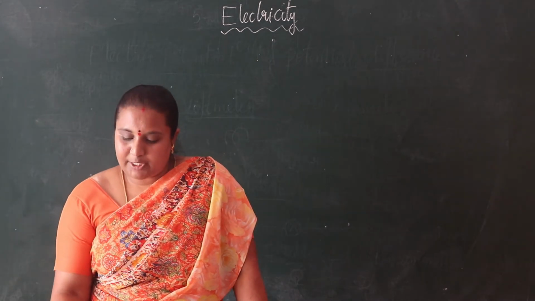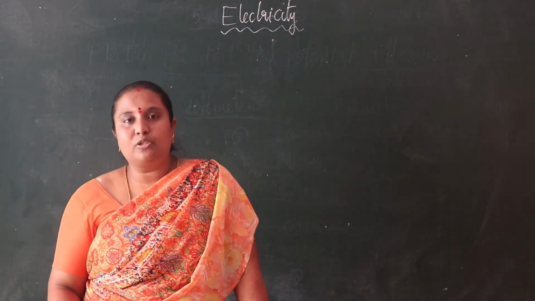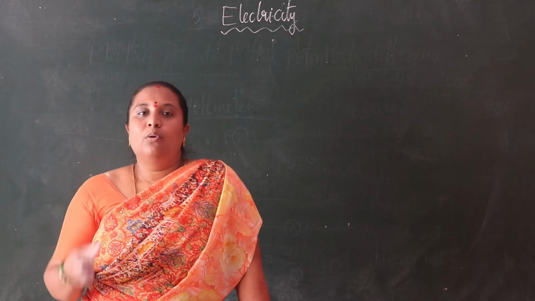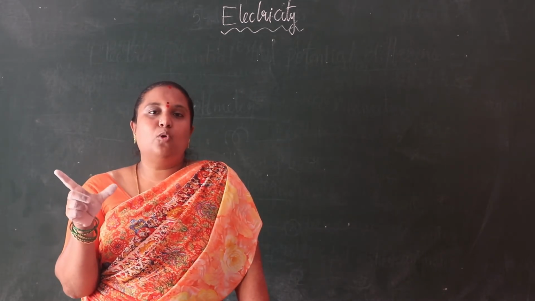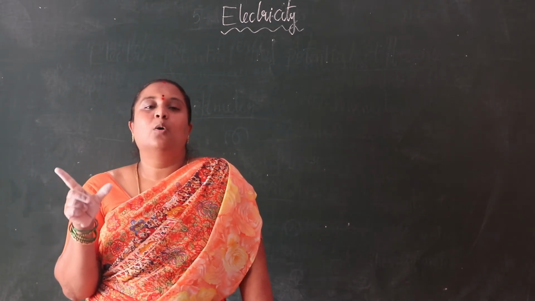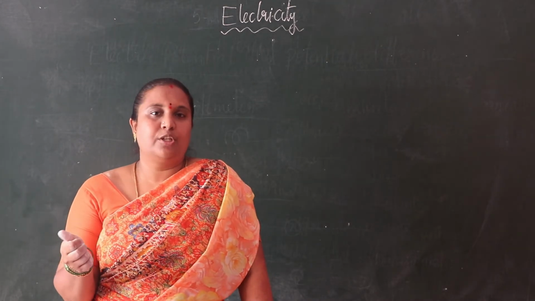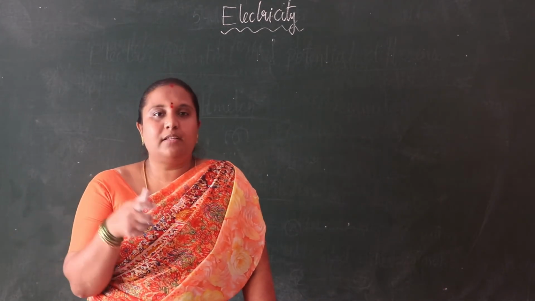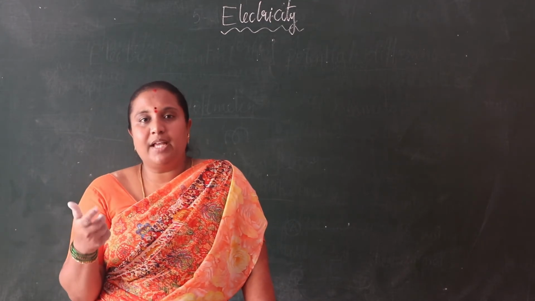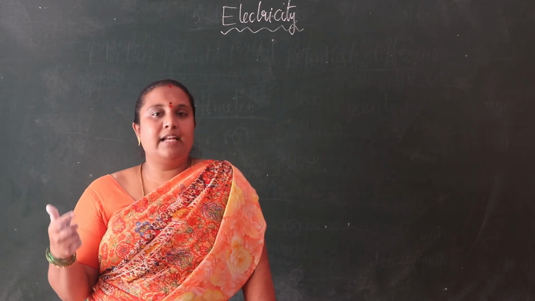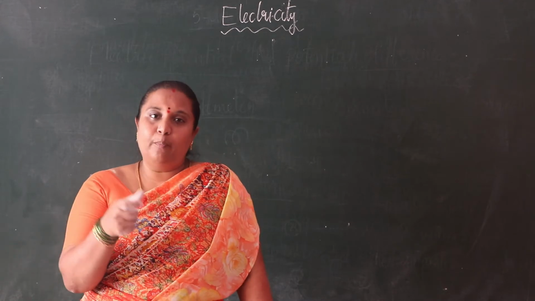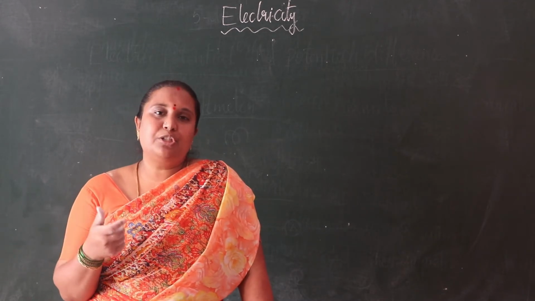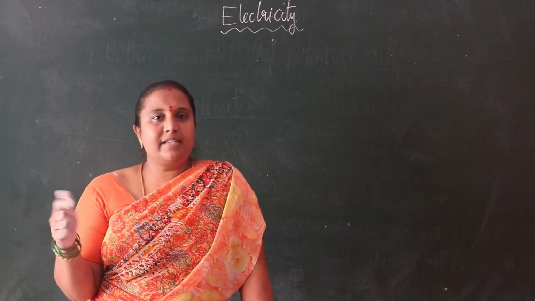The potential difference between the two points we can describe as the work done by charge. How much work is done when electric charge flows from point A to point B, we say that is the potential difference between the two points A and B.